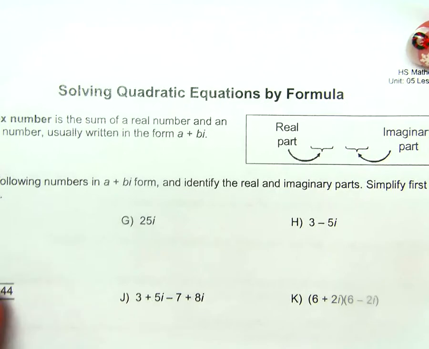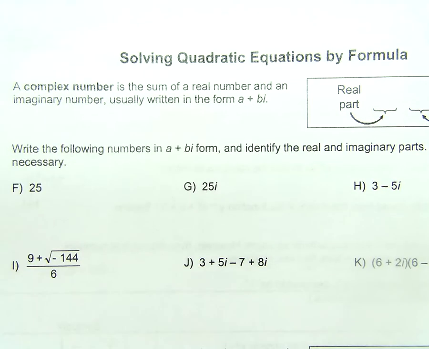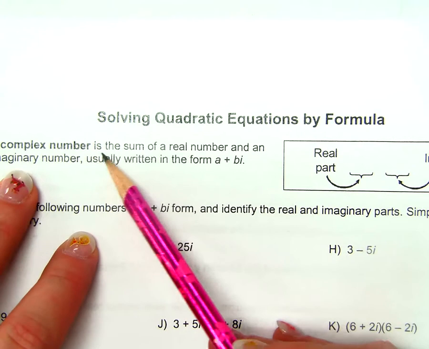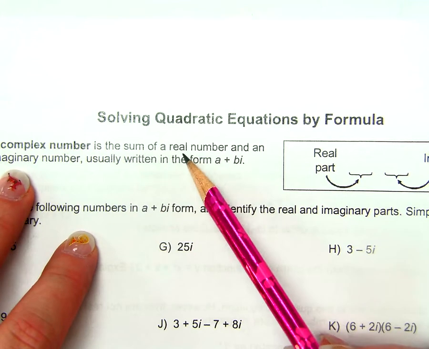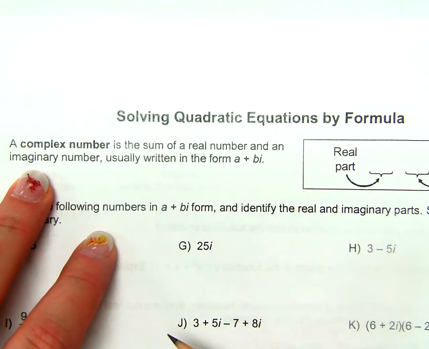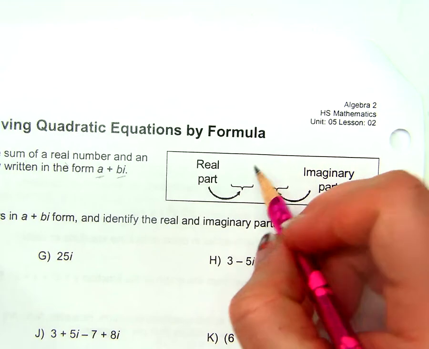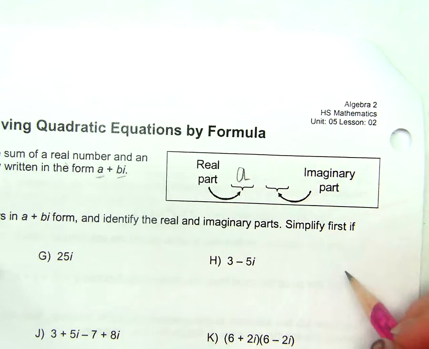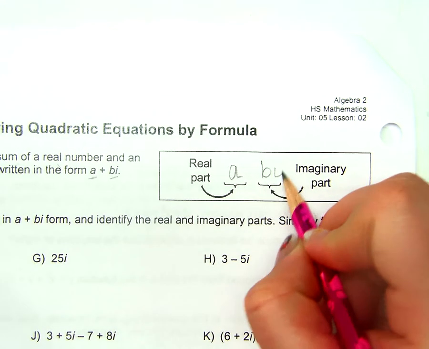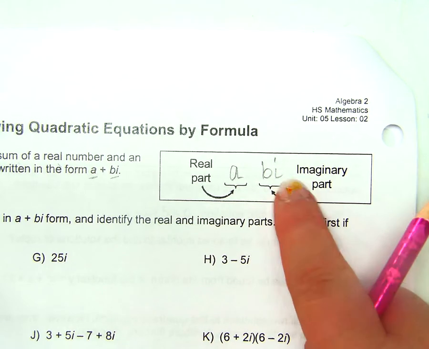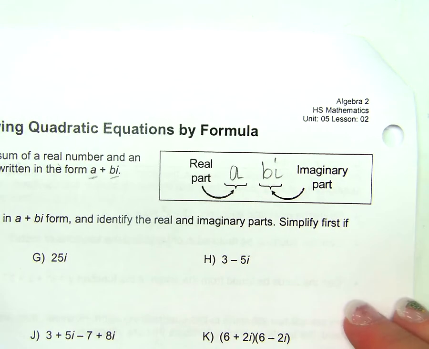Okay? So, here's some other stuff I need you to know first as well. A complex number is the sum of a real number and an imaginary number, and is usually written in the form a plus bi. a is the real part. bi is the imaginary part, and it's the imaginary part because it has the i in it.